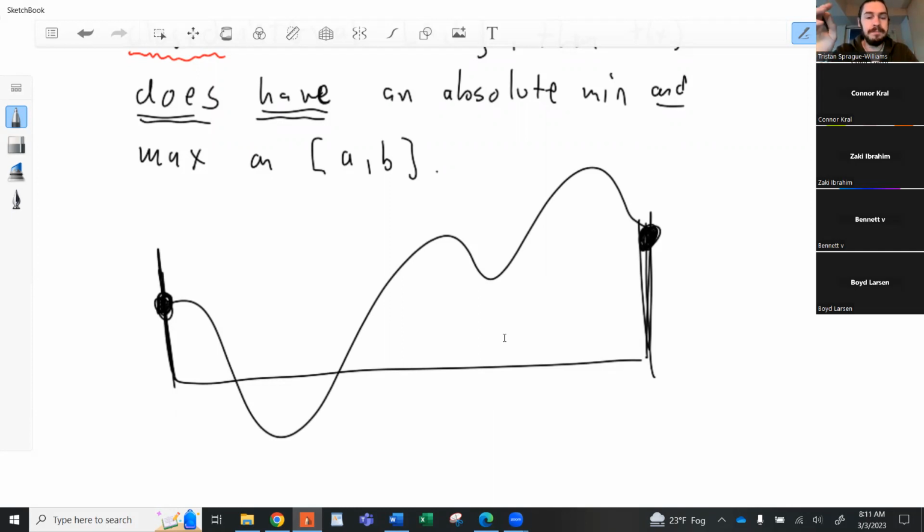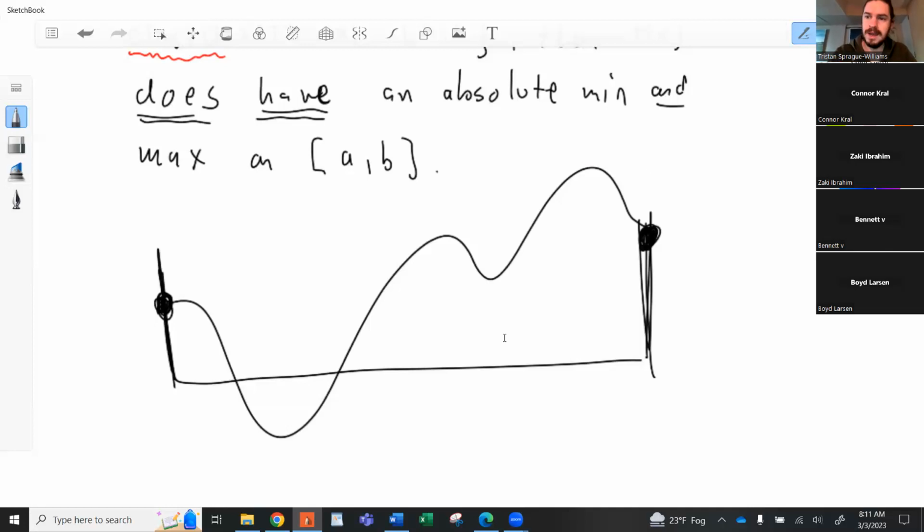Now, it's guaranteed that there's going to be a point somewhere on this portion of the graph, at least, that is the highest point on this portion, right? So the key to this is that we're talking about just within this closed interval, there is a maximum and a minimum.